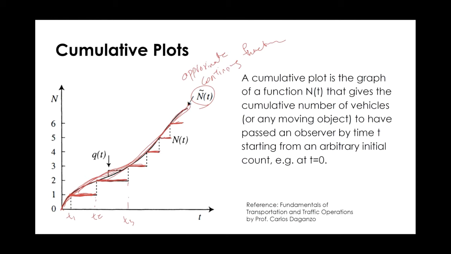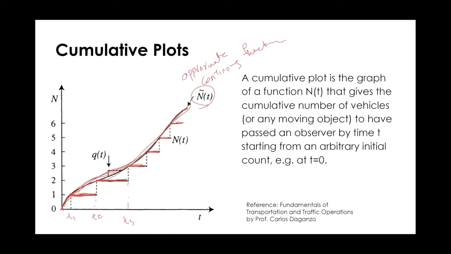The reason we are interested in making that approximation with a continuous function rather than a stepwise function is that a continuous function is easier to work with. It can have an equation, we can take its derivative mathematically, etc.